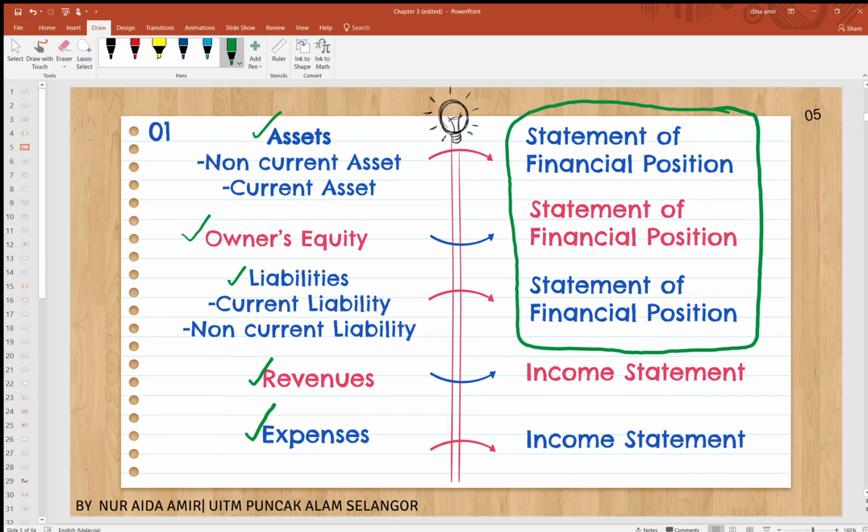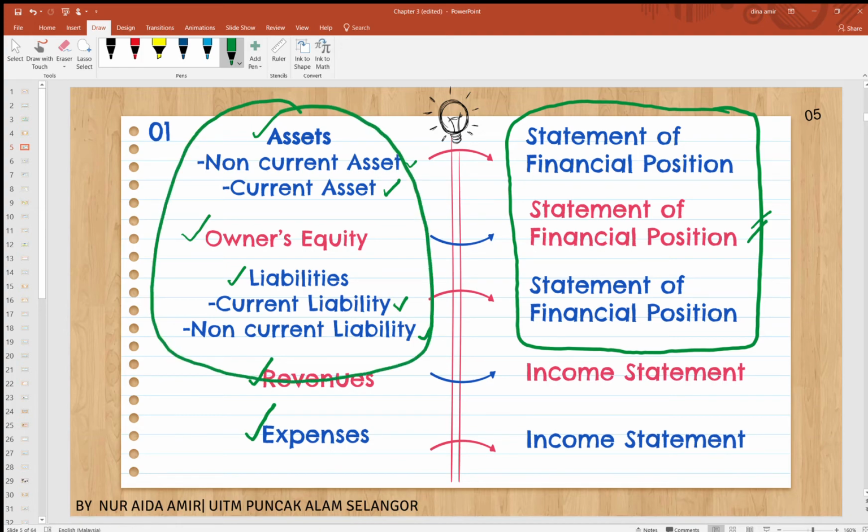The components include assets, which are non-current assets and current assets; owner's equity, also one of the components in the statement of financial position; and liabilities, which are current liabilities and non-current liabilities. Today we're going to focus on this only.